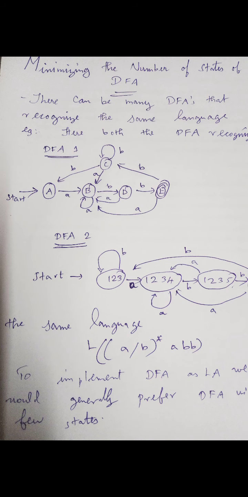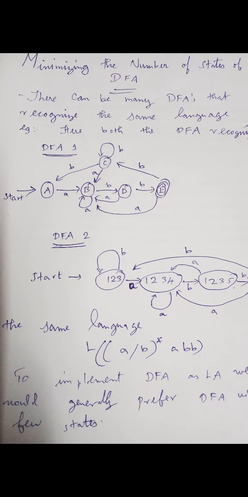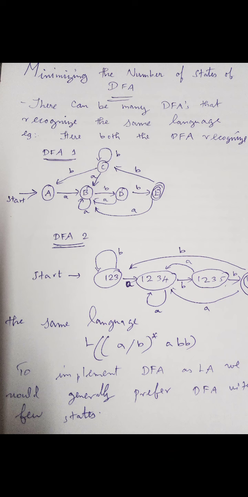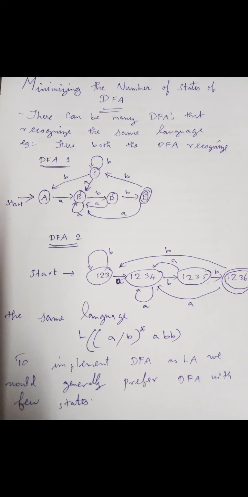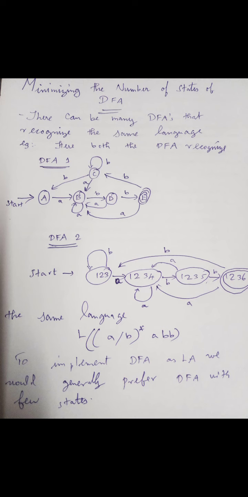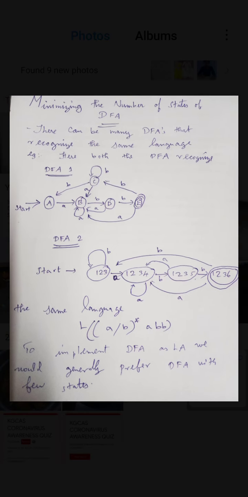In DFA2, the states 1 and 3 do the same thing that A and C perform in DFA1. The work of A and C in DFA1 is performed by states 1 and 3 in DFA2.